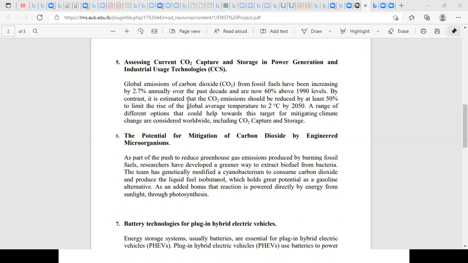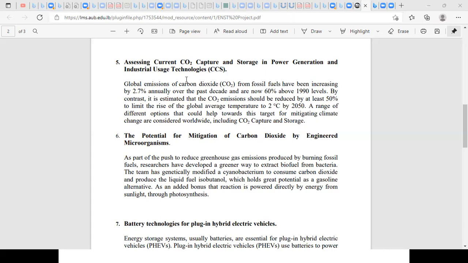So until now, we have each year a rise in the global average temperature, and we are expecting that if the trend continues, we can reach an increase of 2 degrees by 2050. This is why we should limit these emissions. And since we are not able to stop using fossil fuels, we can control these emissions at least by using such strategies.